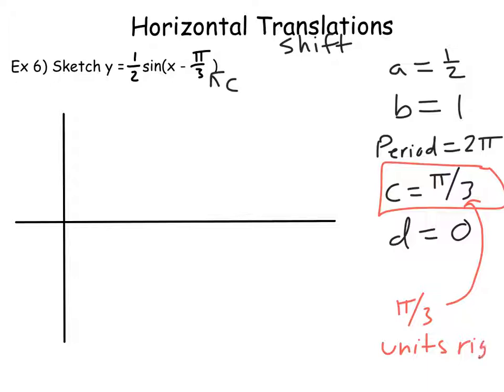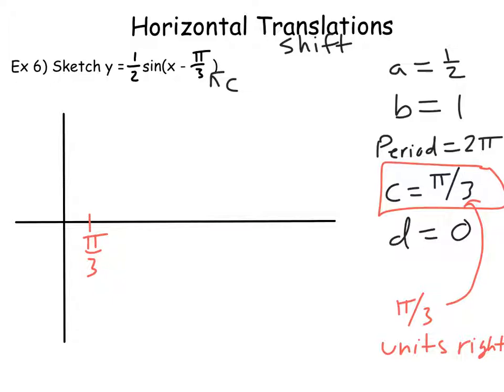If it's happening in a particular problem, it's an extremely important number, okay? Because it tells you a lot. The biggest thing, as we're just going to sketch one period of this graph, is that pi over 3 is going to tell us where to start. Normally that would be at 0, okay? However, I'm going to go just a little bit to the right, and I'm going to start at pi over 3.